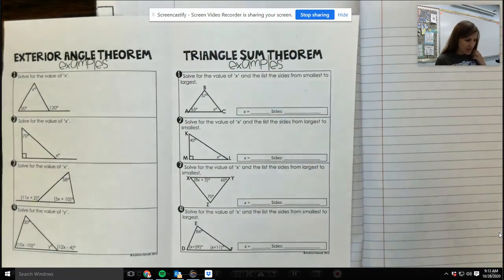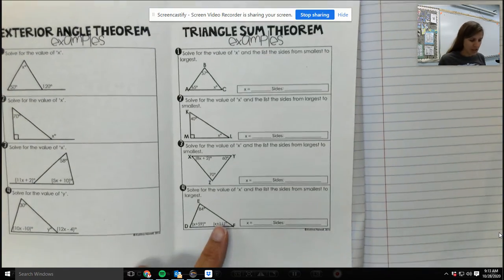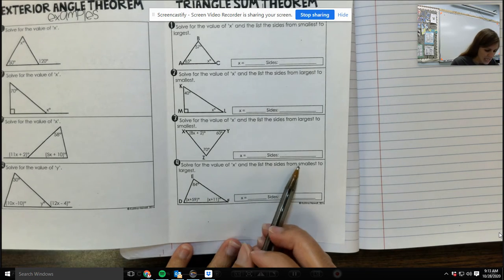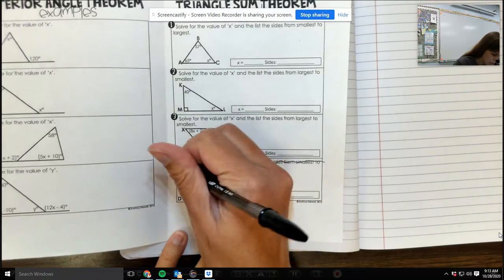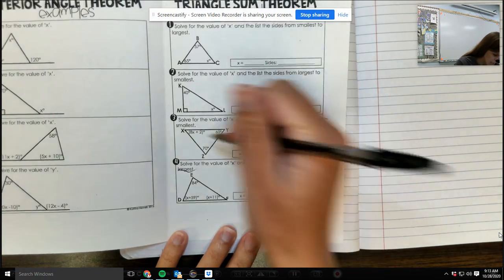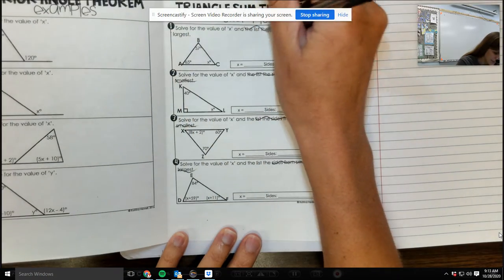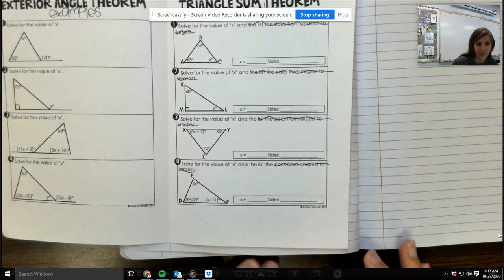So if we try with our triangle sum theorem examples first, I'm actually going to start with number 4. So solve for the value of x, and then list the sides from smallest to largest. We're not going to worry about that. I think all these questions say that. Don't worry about the list of the sides. So we can ignore all that stuff. We'll talk about that later, but we don't need to know it now.